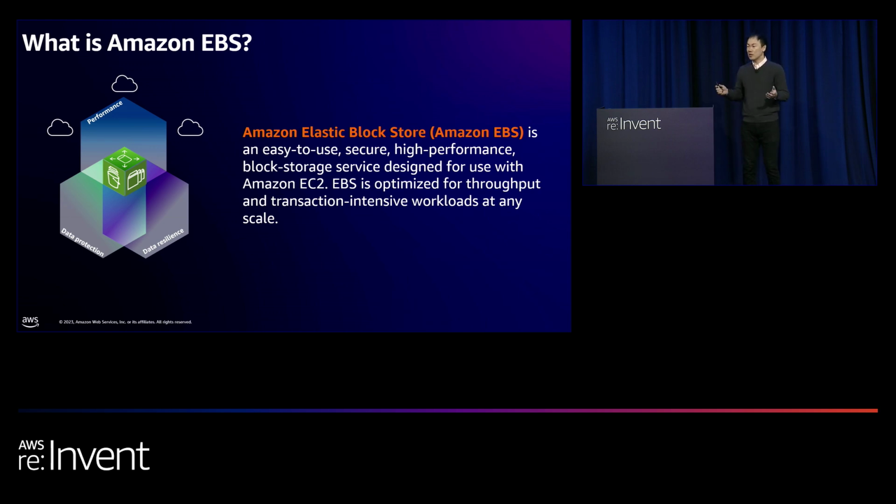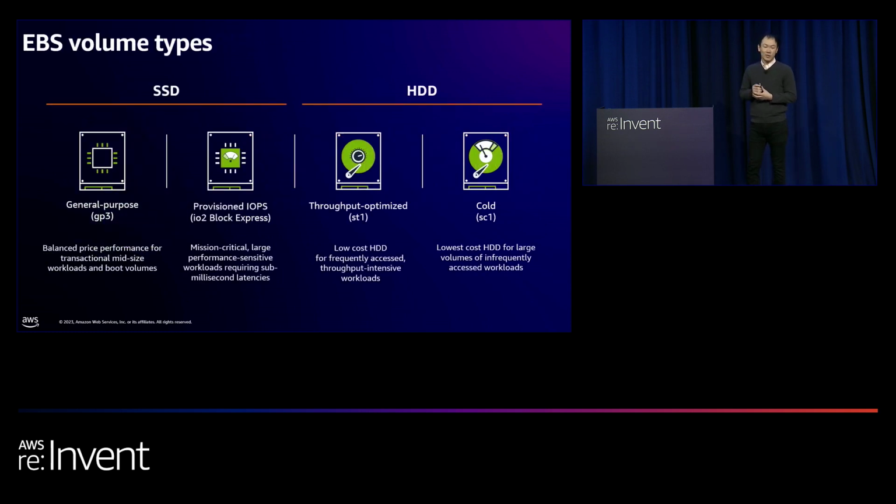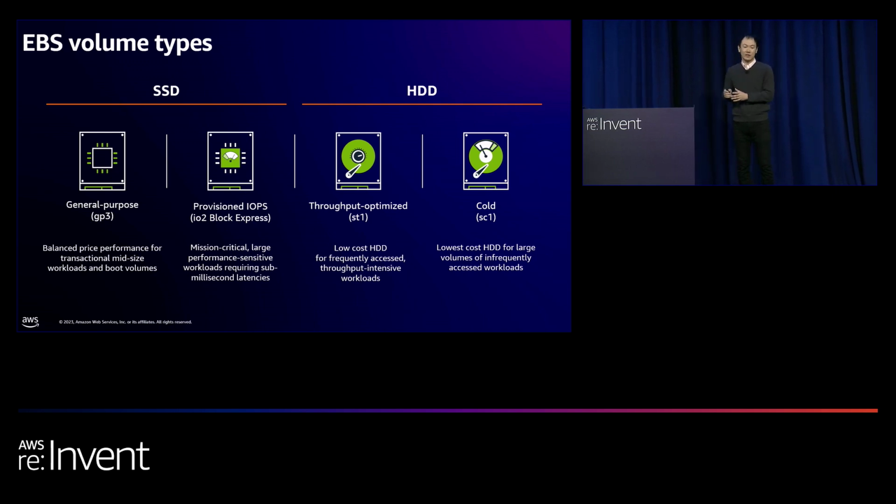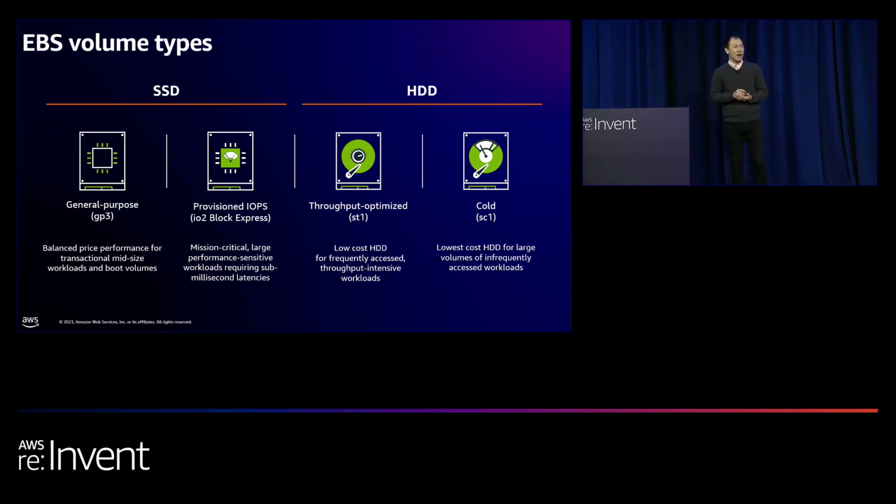So I talked a little bit about different volume types. What are they? Broadly, two categories. You have SSD, solid-state drive, and then you have HDD, hard disk drive. Under the SSD category, we have general purpose, represented by GP3, which is a crowd favorite. It strikes a balance between the price and the performance and is suitable for most of your workloads.